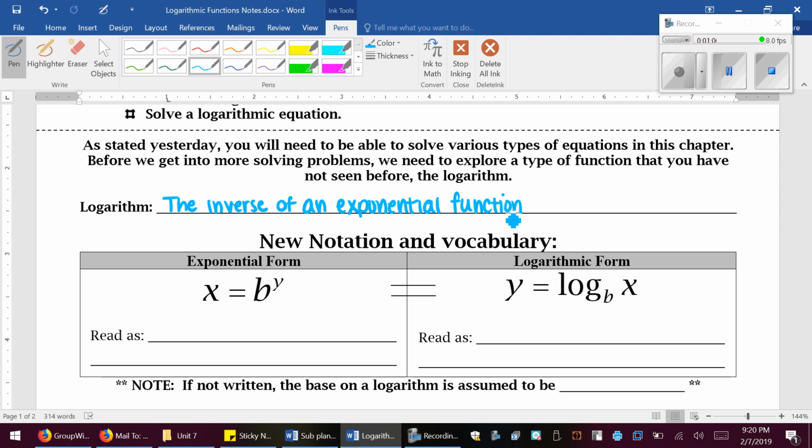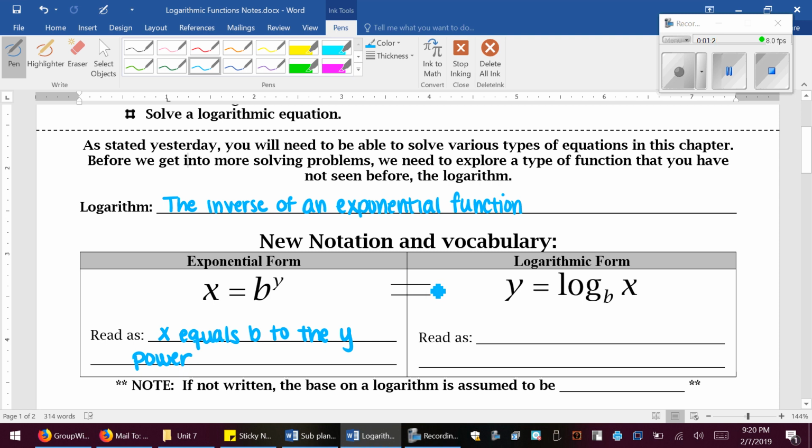So basically, we're going to give you an exponential form. This is read as x equals b to the y power. It could also be read as x equals b to the power of y.